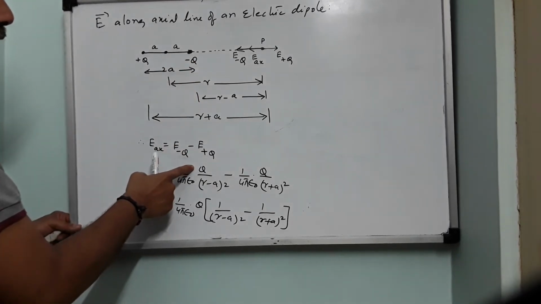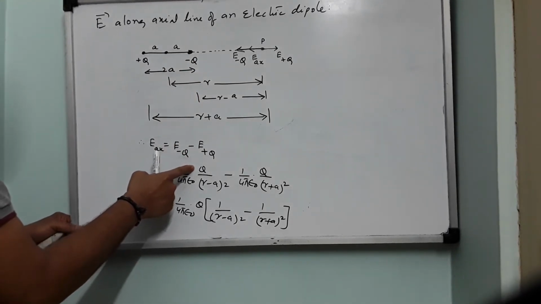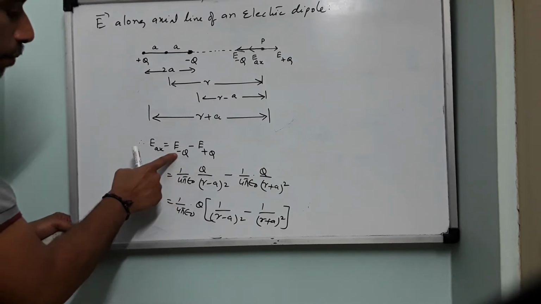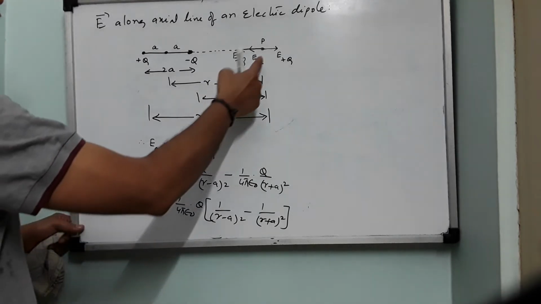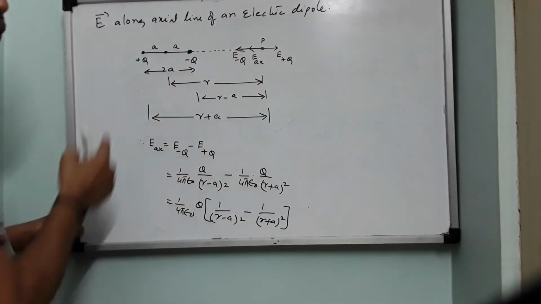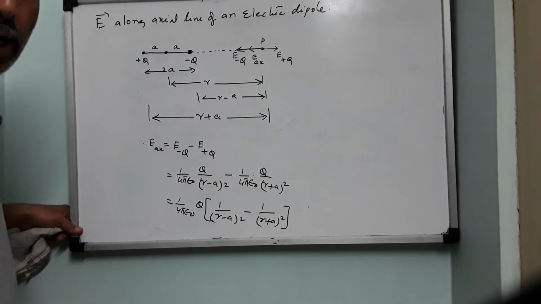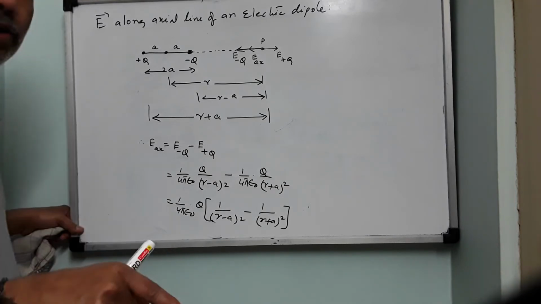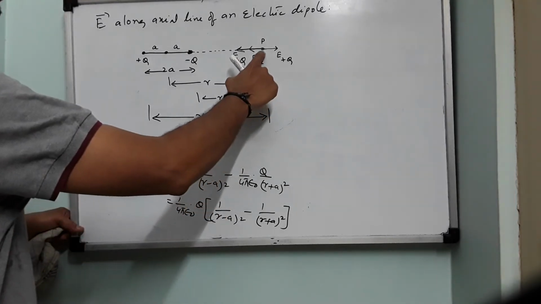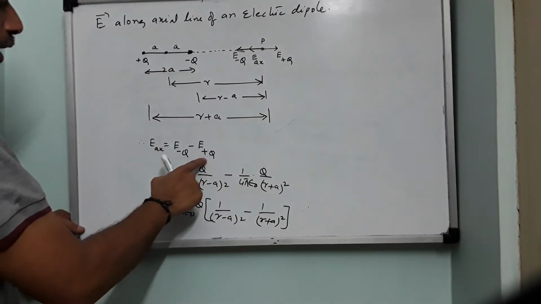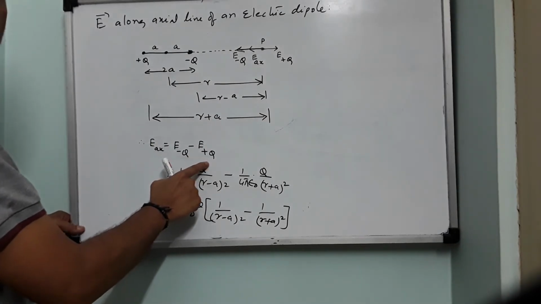Why are we not bringing this minus sign along with this q? You are writing only plus q. This charge happens to be a negative charge, because of which the electric field is pointing in this direction. So you have considered the direction of minus q here itself, and because of this reason only, these two are getting subtracted.